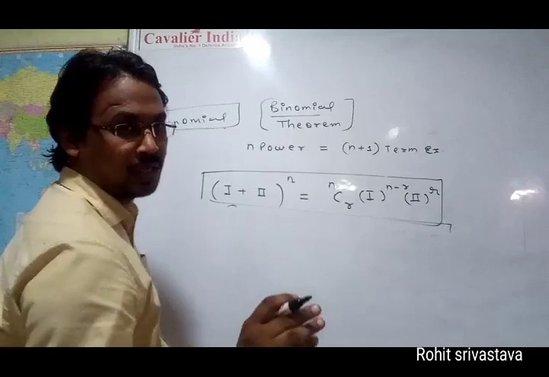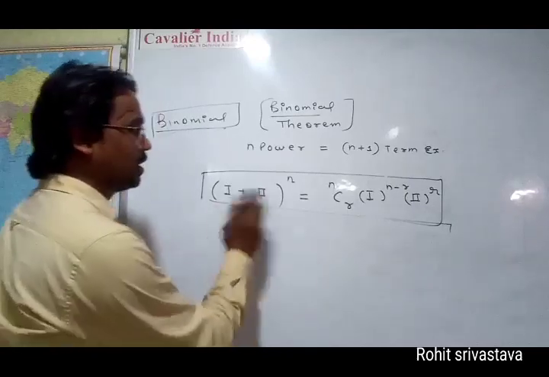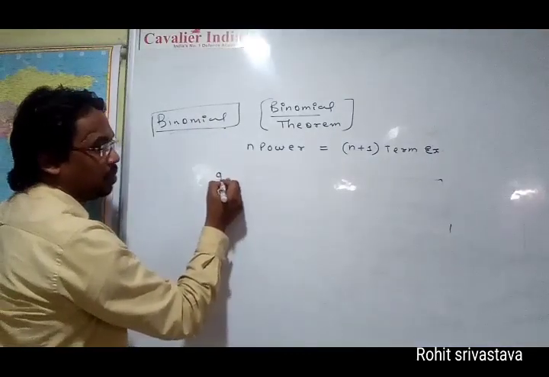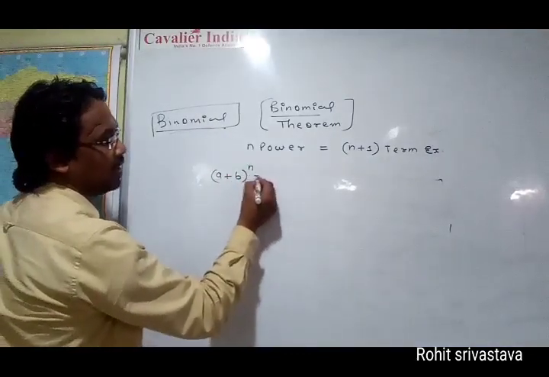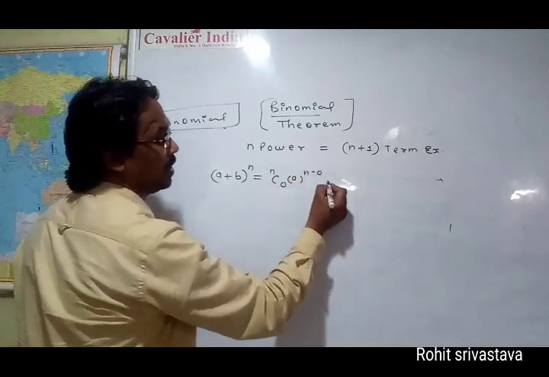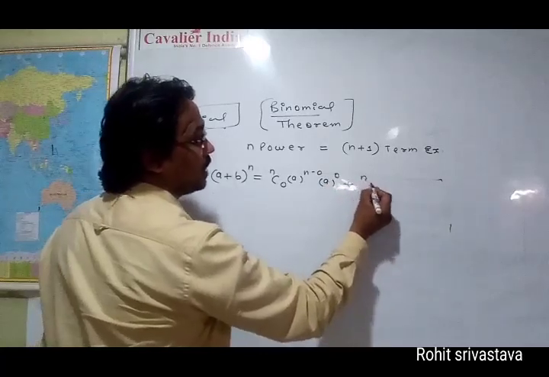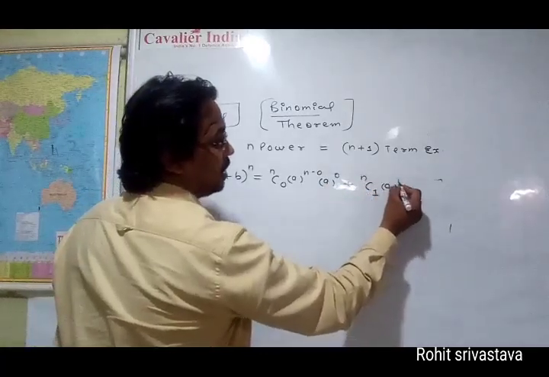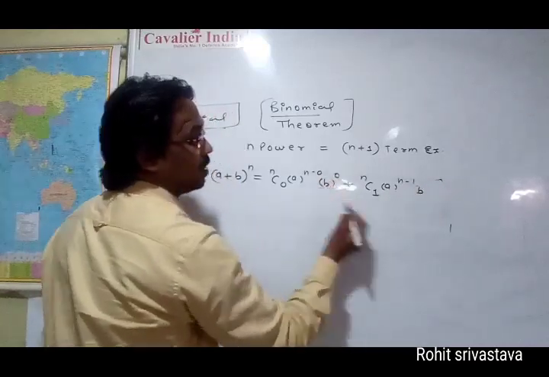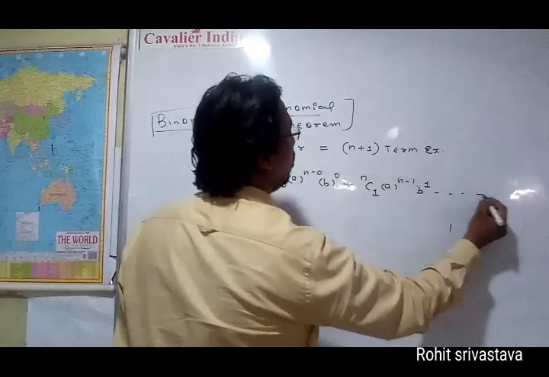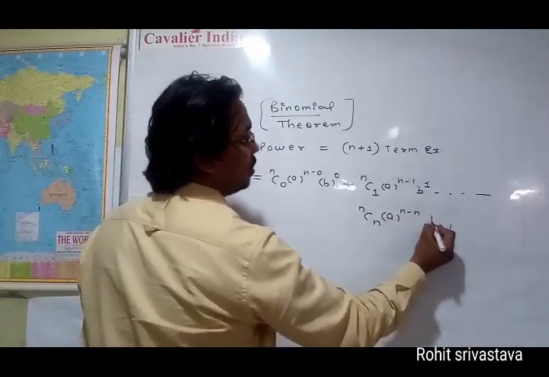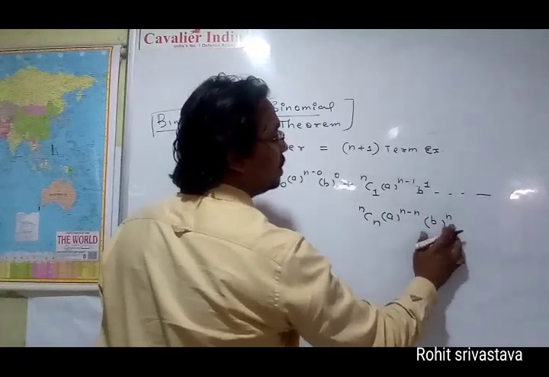Now we will go for 2 or 3 observations over this. If we have (a plus b) to the power n, you are going to open nC0 a to the power n minus 0 b to the power 0, plus nC1 a to the power n minus 1 b to the power 1, and so on up to nCn a to the power n minus n b to the power n.